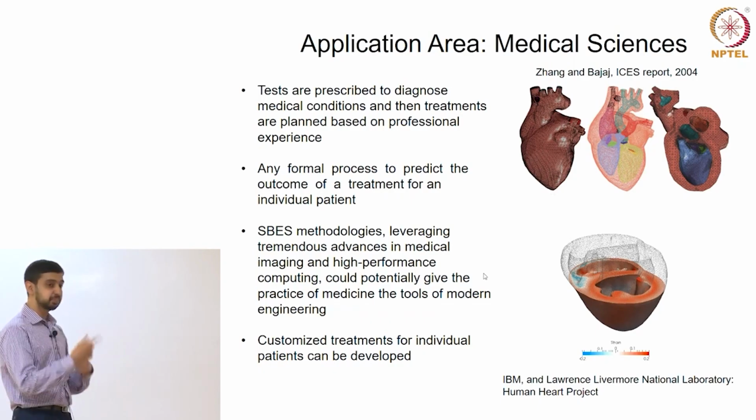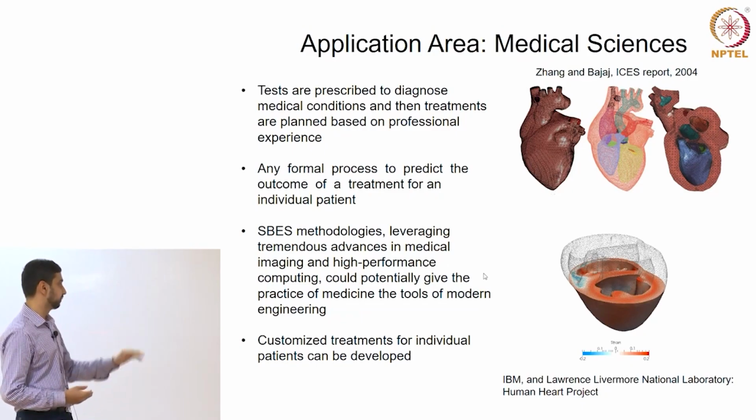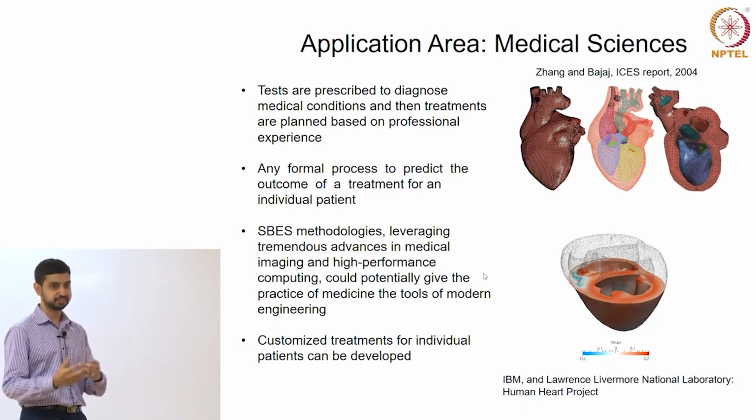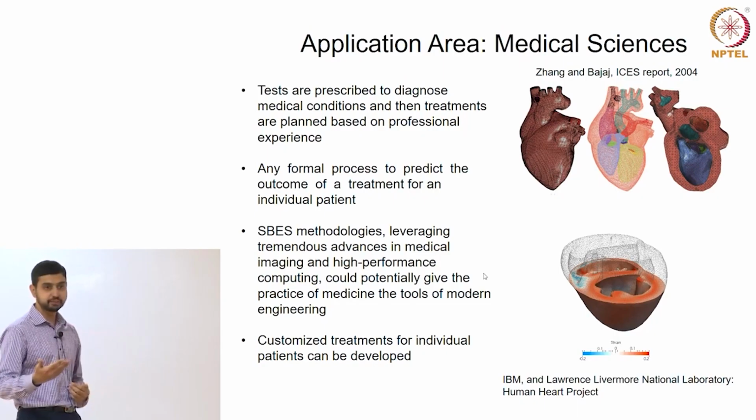So all these processes need to be accounted for when you are trying to simulate this. But if you can develop this kind of a model, you can have customized treatments for individual patients based on the data that you get from that patient, because you can give that as an input to your computational model, run the model and see what happens, let's say, to drug delivery, or what are the hotspots where there is any artery cloggage, etc.